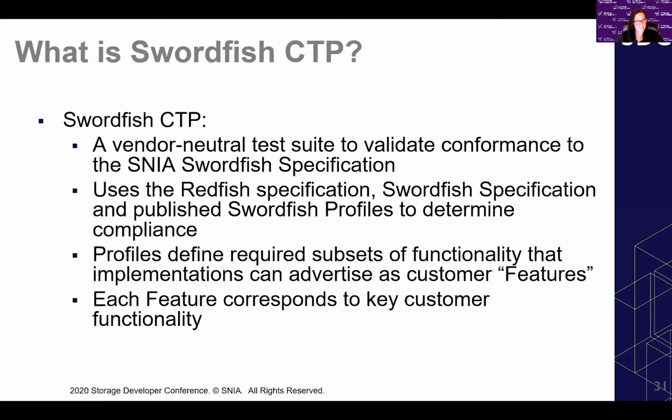If you pass the test and are part of the program, you can get your test results posted on the SNIA Swordfish CTP website, and point folks there. You can also get the SNIA Swordfish CTP logo to use on your products as a mechanism to indicate that you have passed conformance.